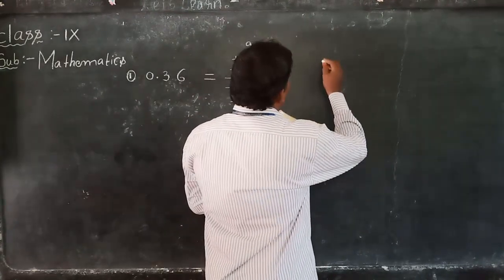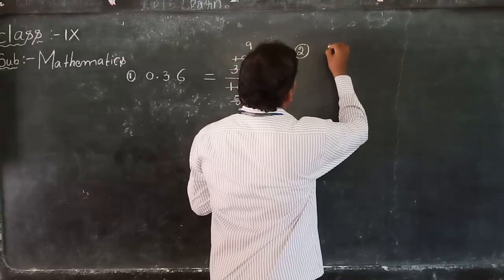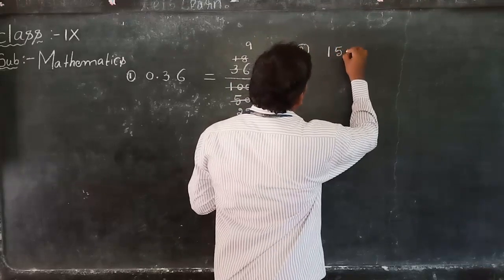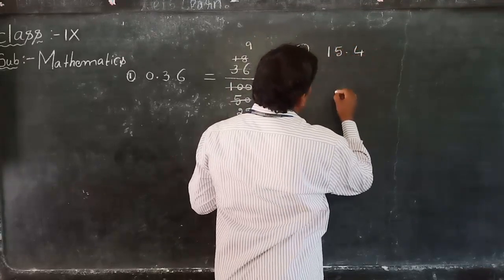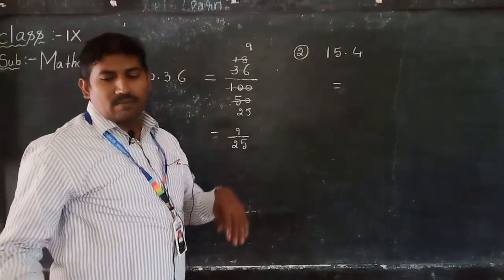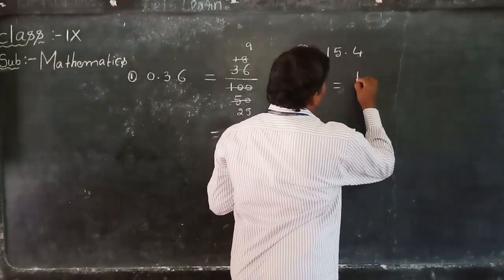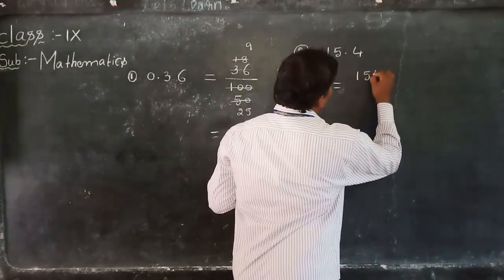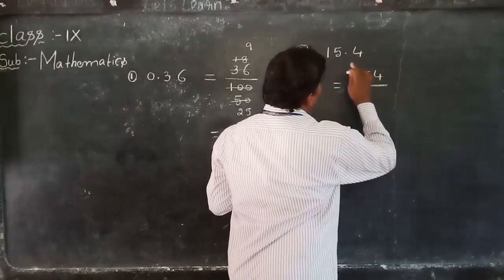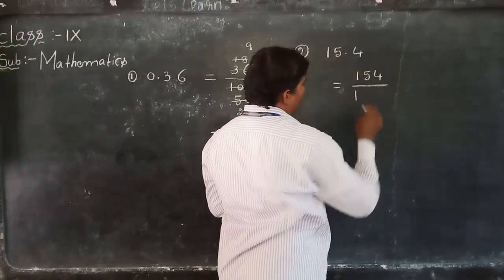15.4. 15.4 is equal to, first of all, we write the total number: 154. Instead of the decimal point we keep 1. After that, how many values are there?